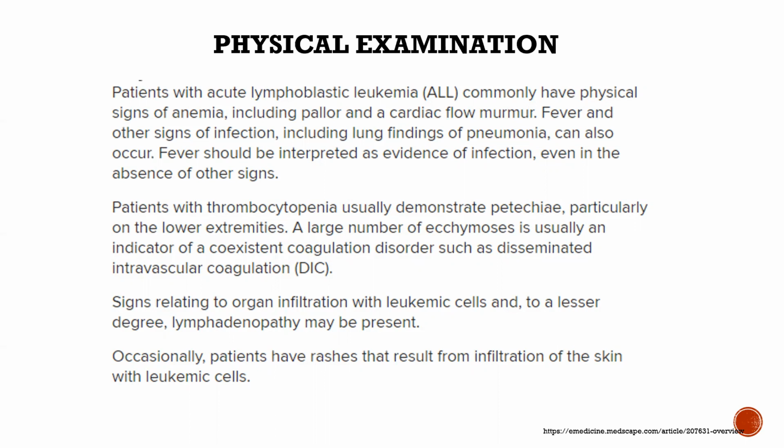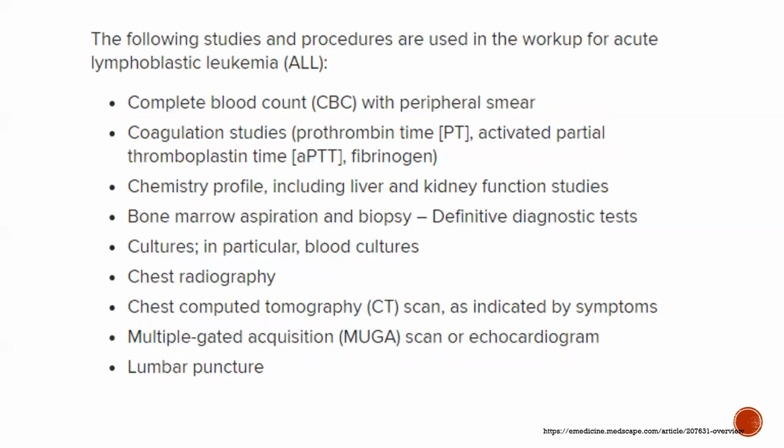Signs resulting from organ infiltration with leukemic cells and, to a lesser degree, lymphadenopathy may be present. Occasionally, patients have rashes that result from infiltration of the skin with leukemic cells.